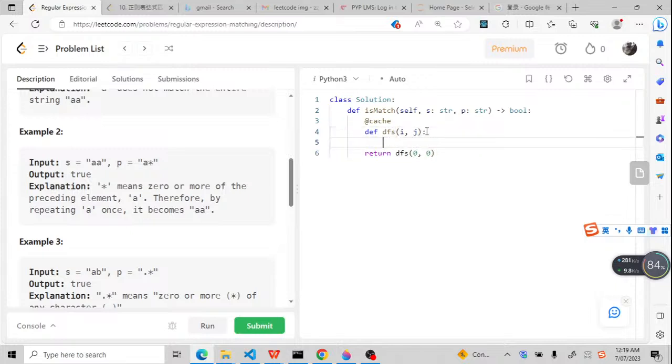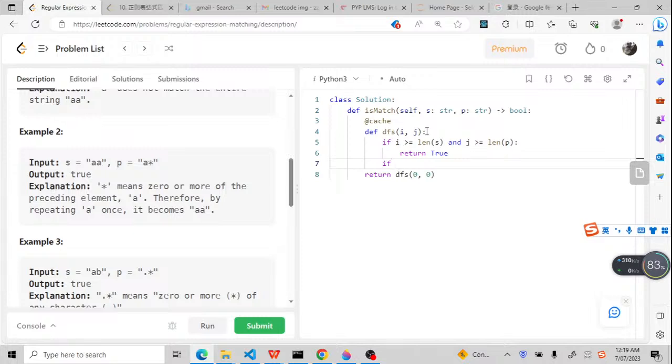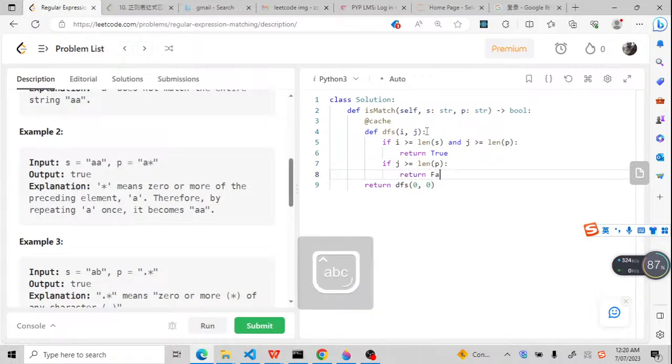The first condition is if I is more than or equal to the length of S and J is more than or equal to the length of P, we can return true. And there's also another condition for J. If J is more than or equal to the length of P, it will return false.